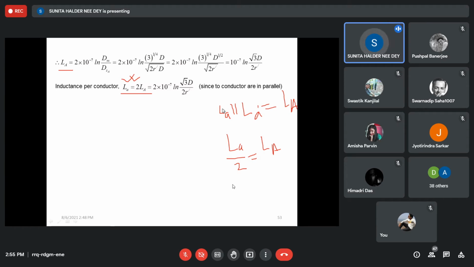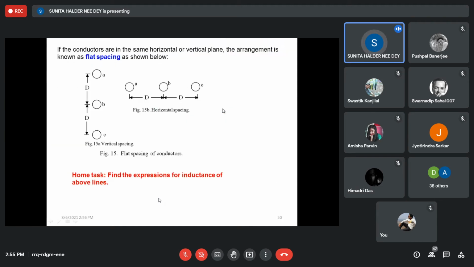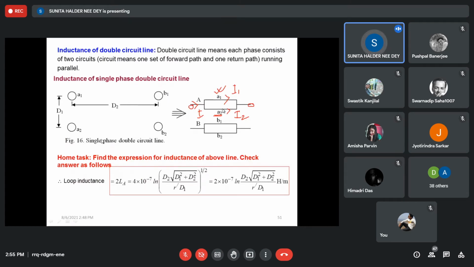And if you are using the GMD-GMR approach, then it will be automatically included in the expression. So you will get the total inductance of the system, or total inductance per phase. And one thing I must mention, in case of a single phase line, when you use the GMD-GMR approach, you will get the total inductance at a time, right? In that way.